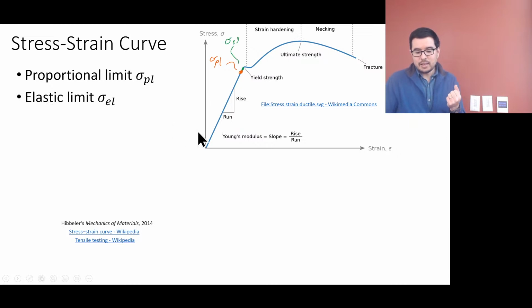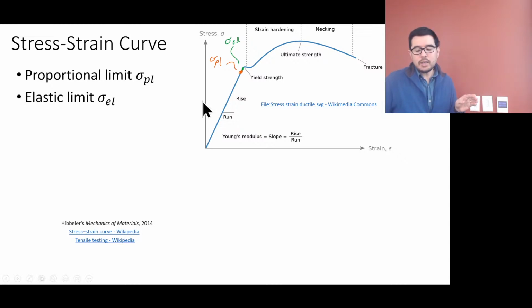The elastic limit could be a little bit higher, and the elastic limit is the stress to which you can go, and when you unload, you spring back all the way to 0. So this is a key point in design.